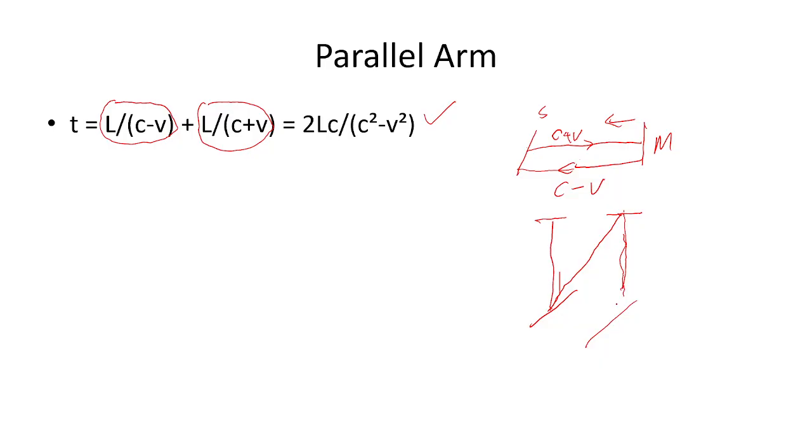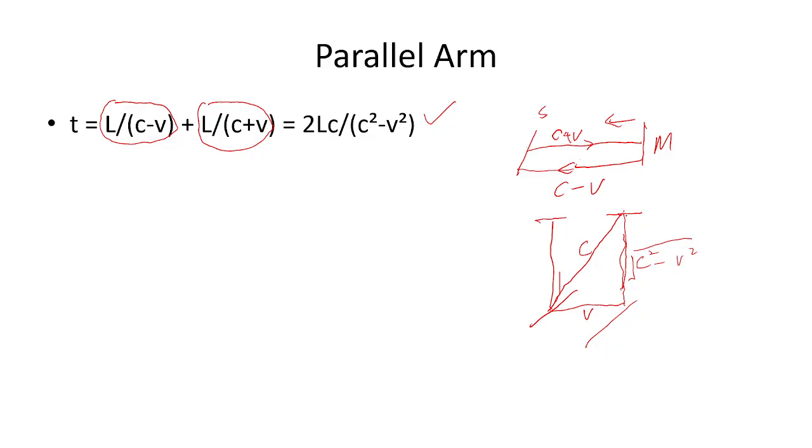So for this perpendicular value, this is the speed of light, and here is velocity v. So this perpendicular is the square root of c square minus v square. That is the perpendicular velocity from the splitter to the mirror, and it comes back with the same velocity because we need this one.